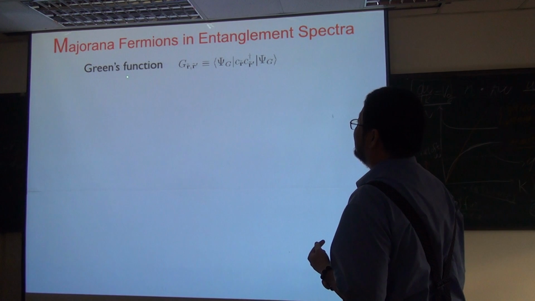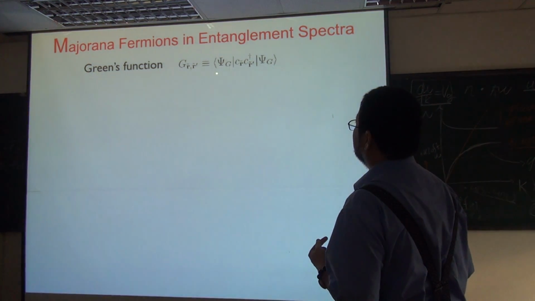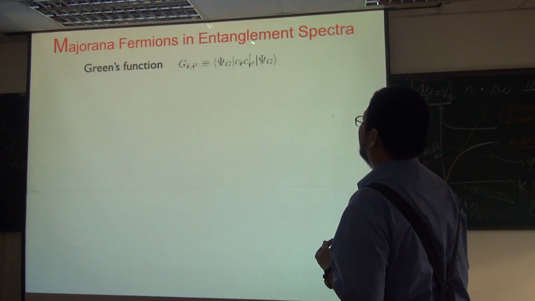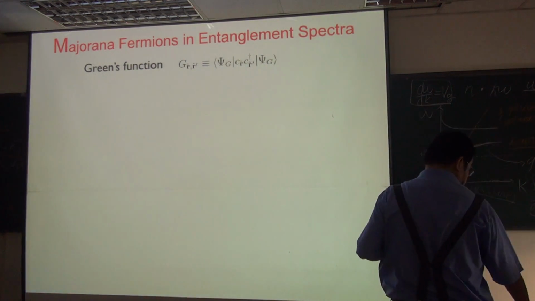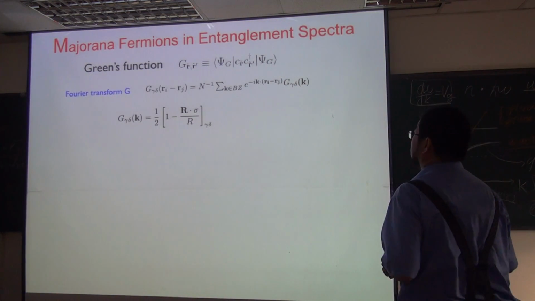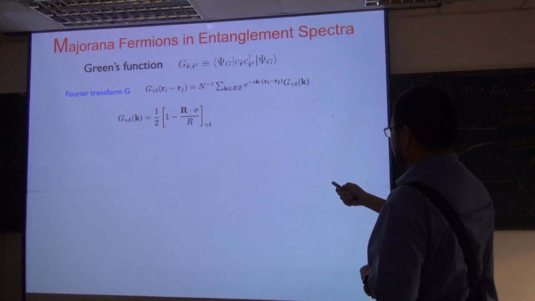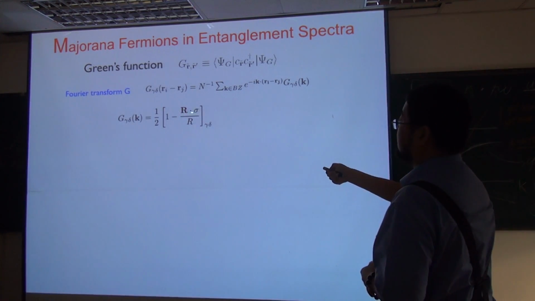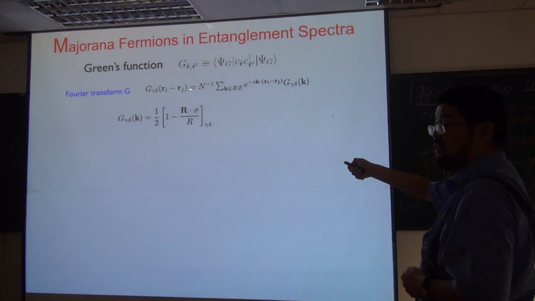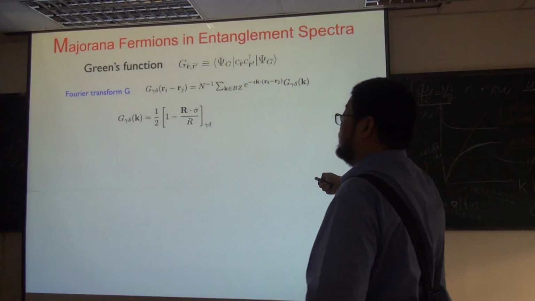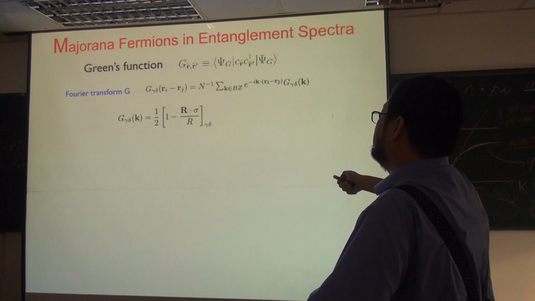And then you find that in the quadratic model, if you have a Green function, this Green function eventually gives you, in Fourier space, a very similar form of R dot sigma. Remember that you have R dot sigma in the Hamiltonian, and remember that you have the bulk-edge correspondence.